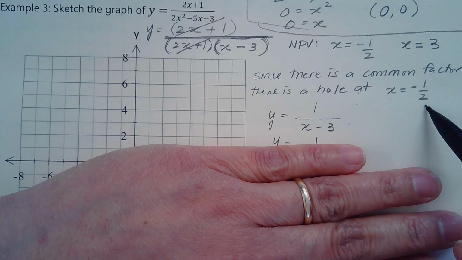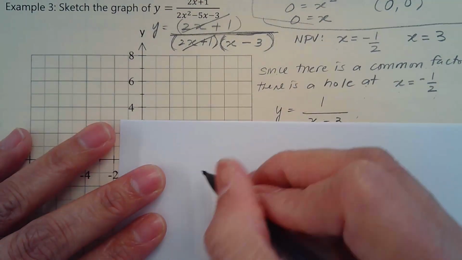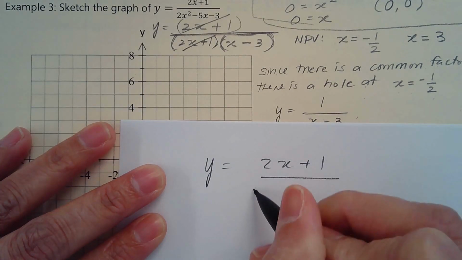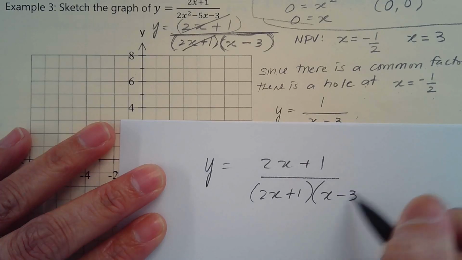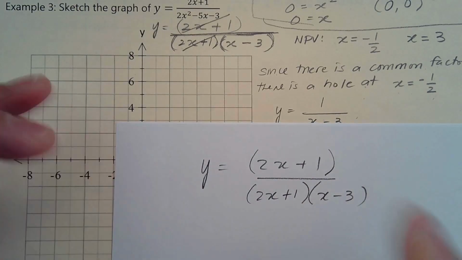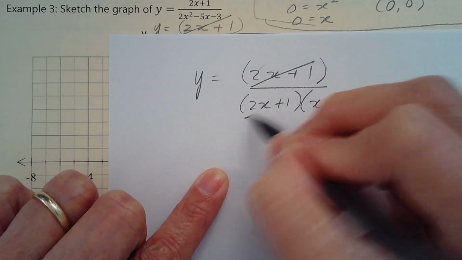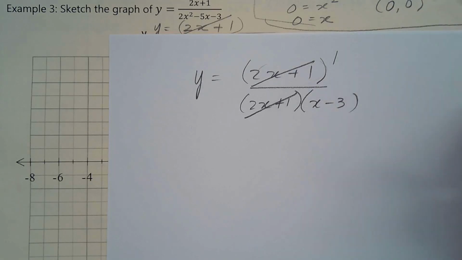So after that, I have to go like this. y equals 1 over 2x plus 1 times x minus 3. So this is one factor that gets canceled. If we cancel that, what's left in the numerator is just 1, right?